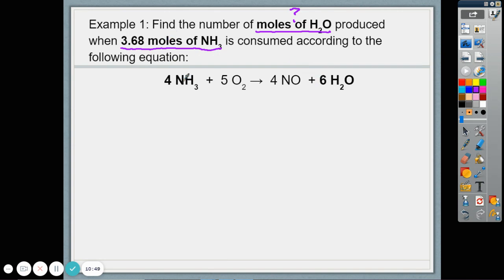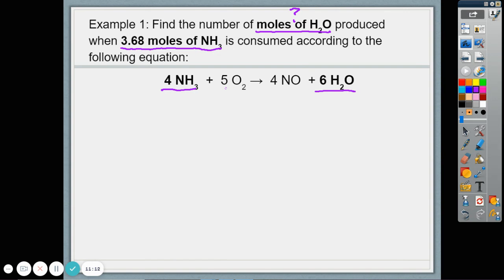I went ahead and put these two compounds in bold because my given is NH3. That's what my given number is in. And the one I'm trying to get to is H2O.